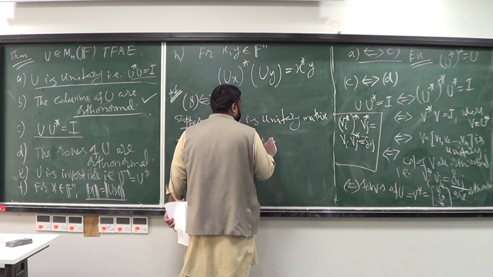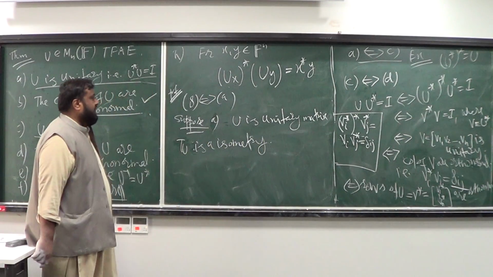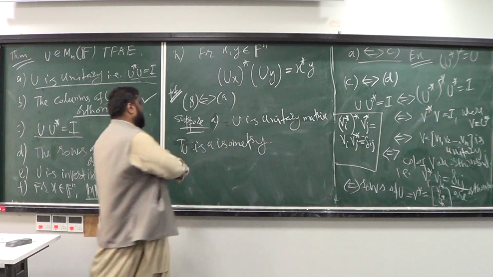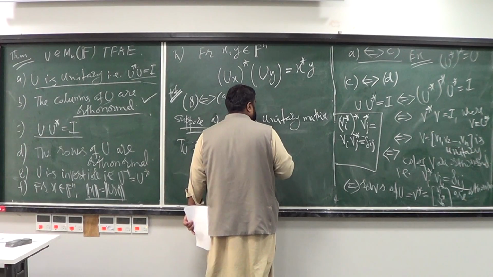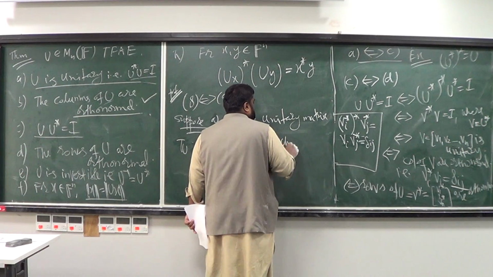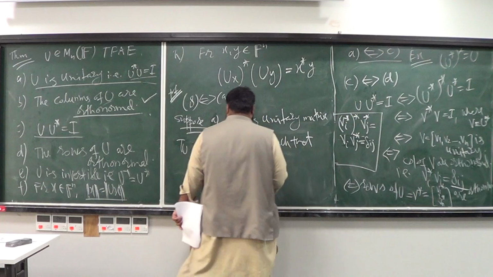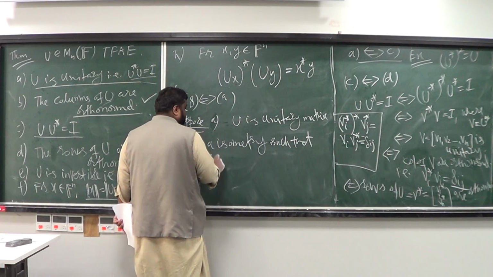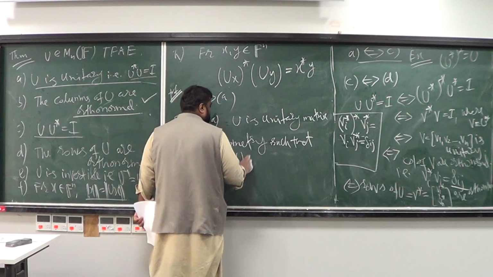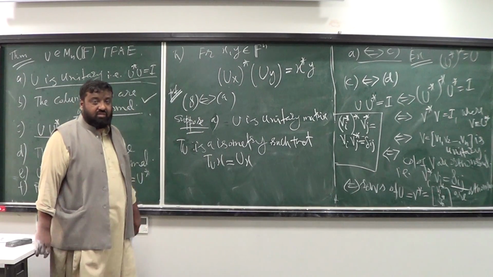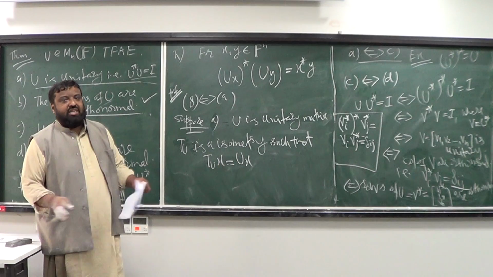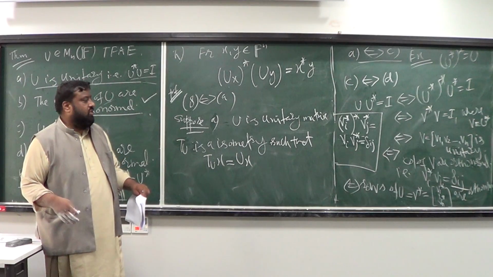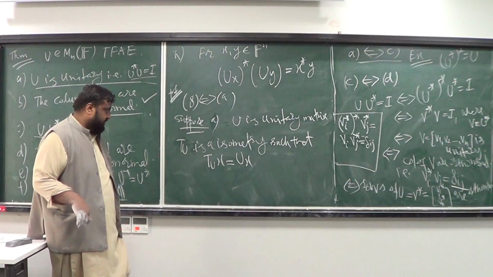Now I'm going to use how it is related to the matrix U, such that if you operate U onto some x, this is equal to multiplying U with x. So a linear transformation and its matrix are related with each other in this manner.